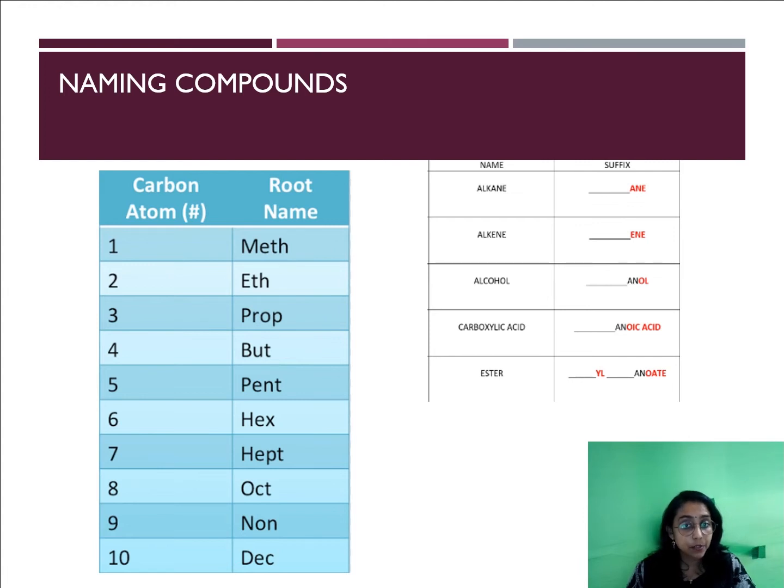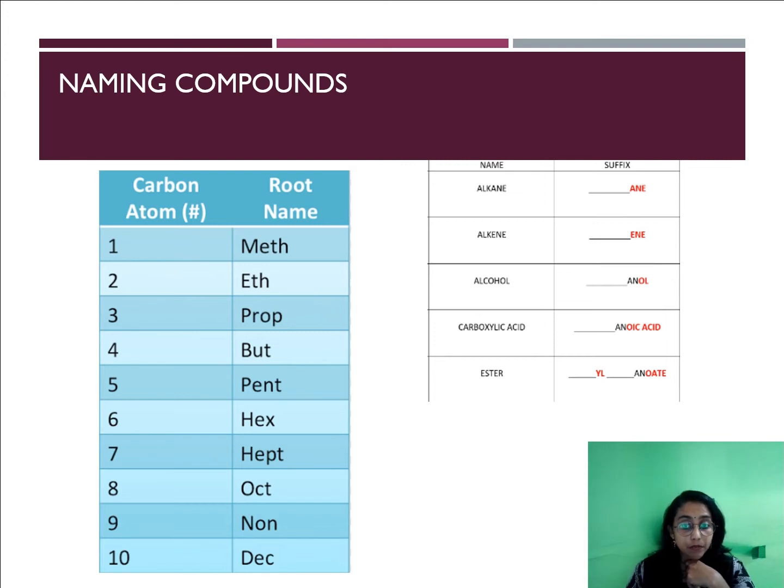And then another one you have to know is the suffix, that means the ending name of each compound based on their homologous series. If the compound belongs to alkane, then the ending will carry the family name, which is ANE. If it's alkene, ENE. Alkyne will be YNE.